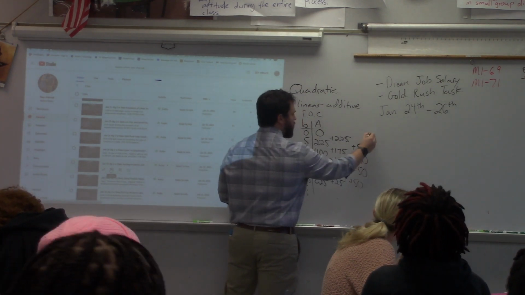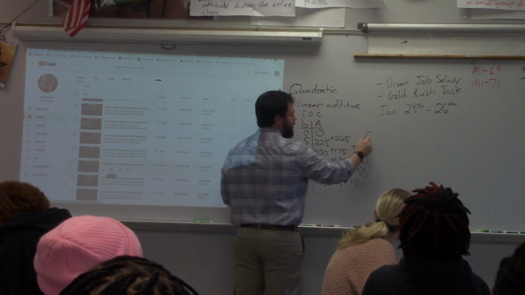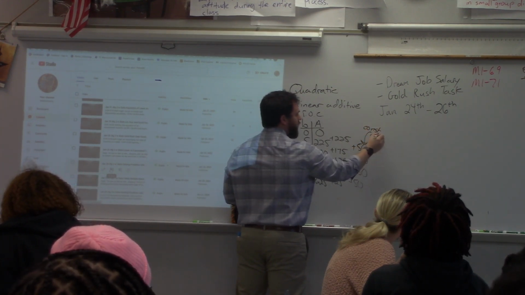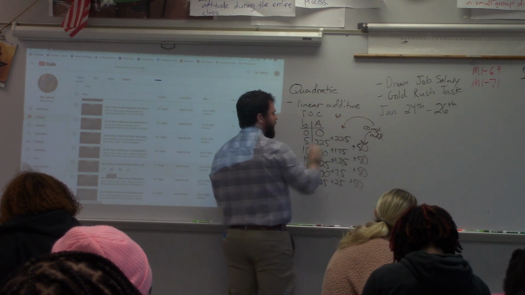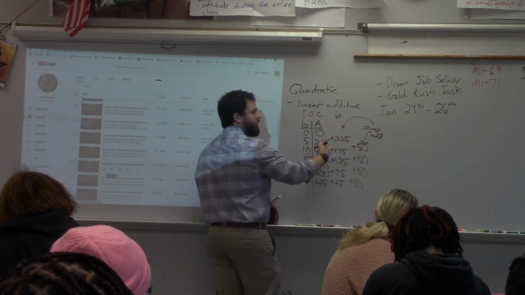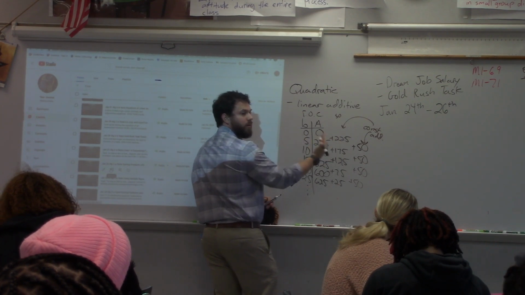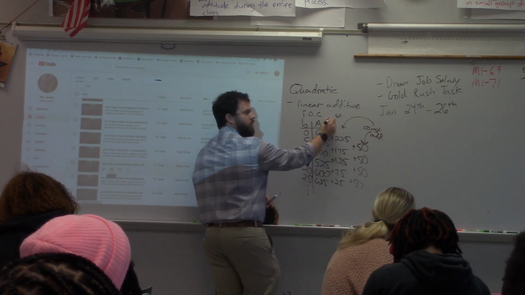This is what a lot of us were missing on the understanding checks as well. This is constant additive. So, what is the rate of change? Was always to the left of constant additive. Always to the left of constant additive. Linear.